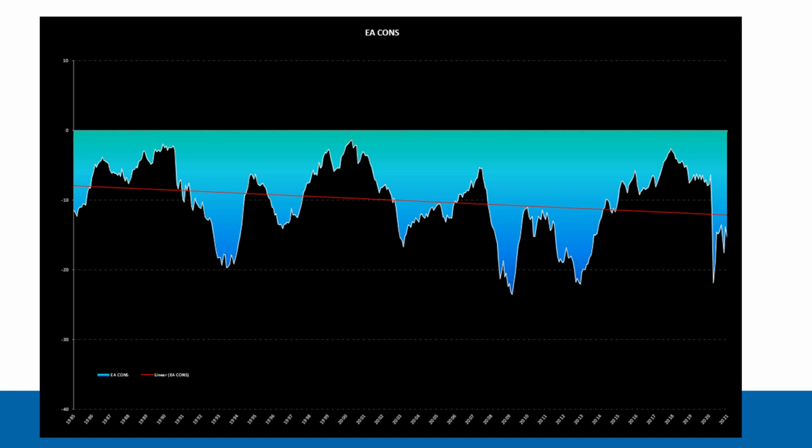There hasn't been a positive reading where European consumers have been positive in the last 35 years. The long-term trend line is negative, and the best we're ever going to get from these guys is peaks that are negative. So peaks in the consumer sentiment are actually still negative.